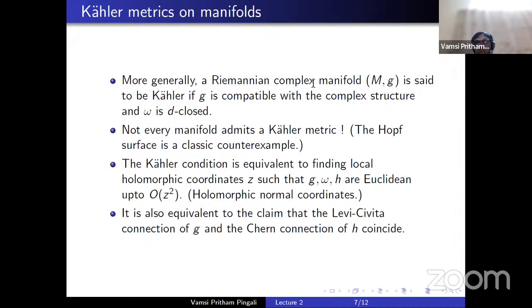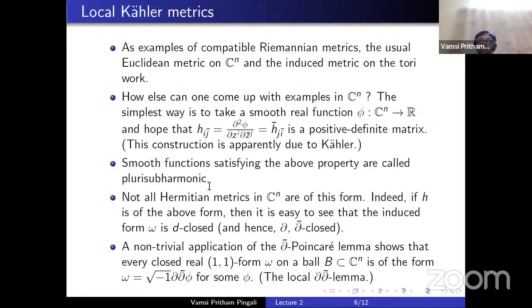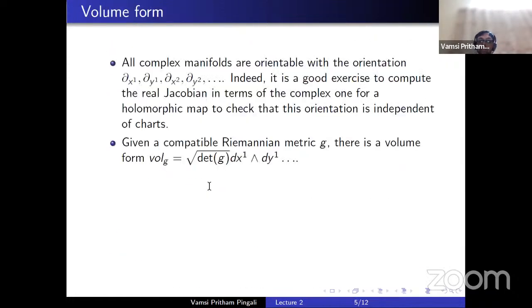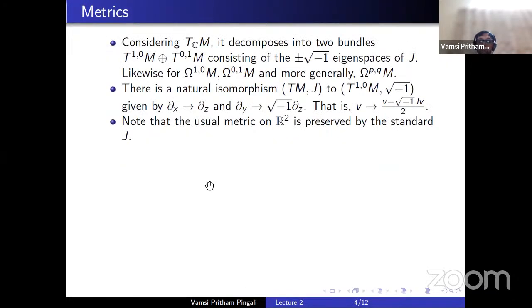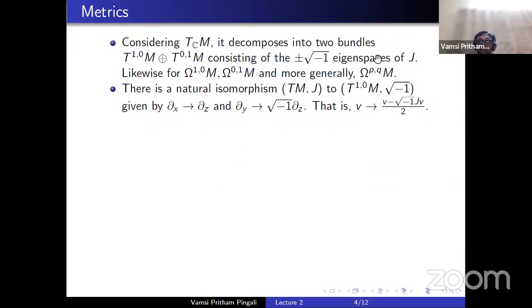So on the R^{2n} part, you have the Levi-Civita connection, roughly speaking. On the C^n part, you have the Chern connection. The point is, under the isomorphism that takes these two to one another, the Levi-Civita connection and the Chern connection ought to coincide.